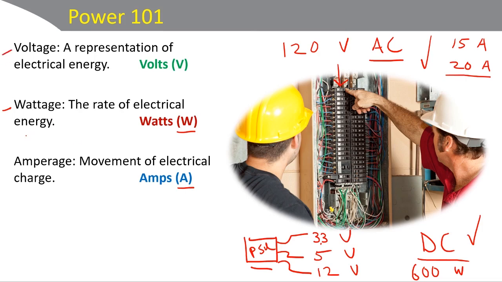So we would do watts divided by volts equals amps. For example, we could take our 600 watt power supply and divide that by the volts that we're using, which will normally be 120. And that'll give us 5 amps.